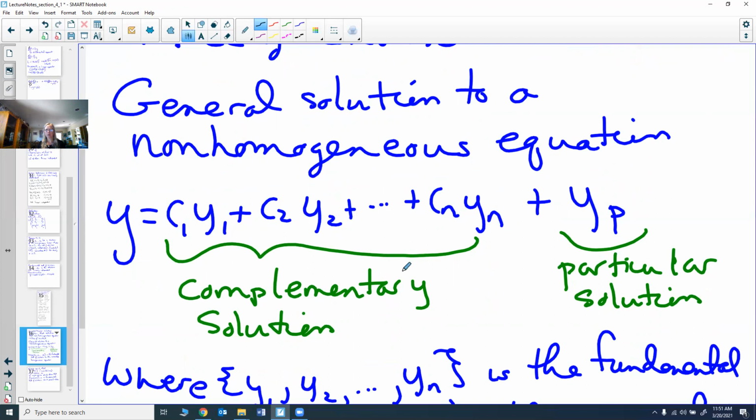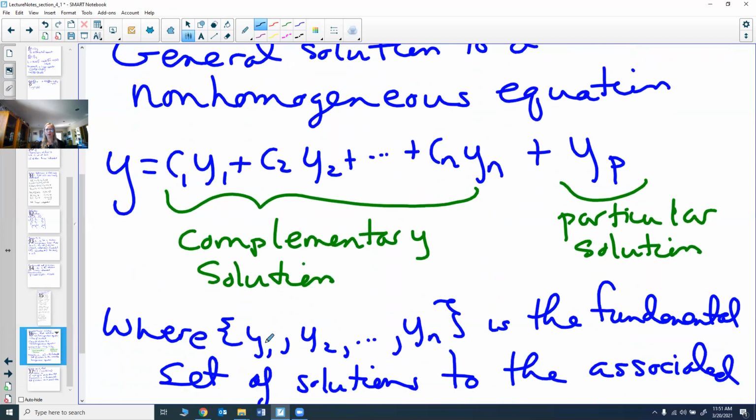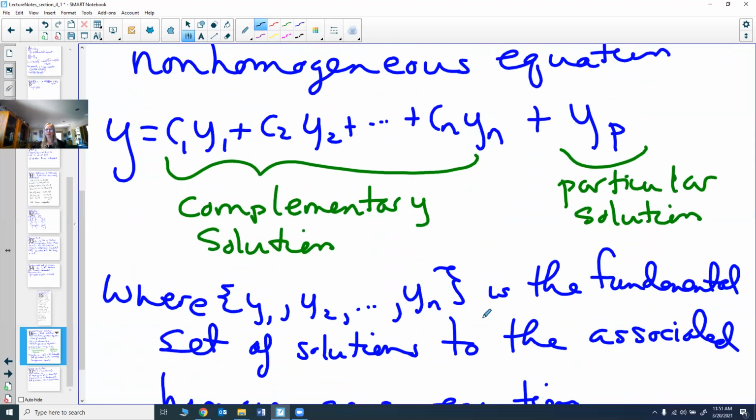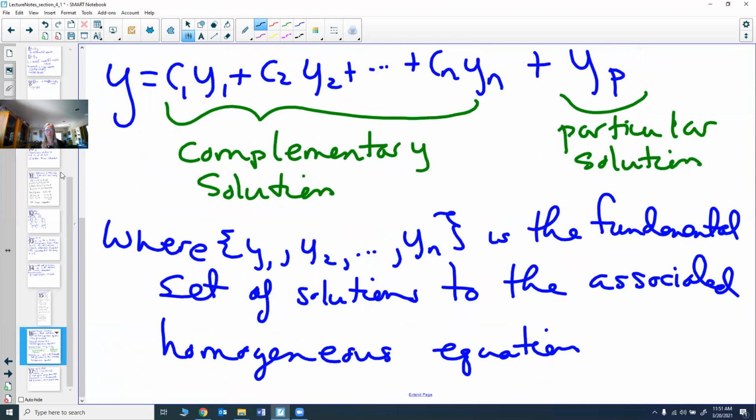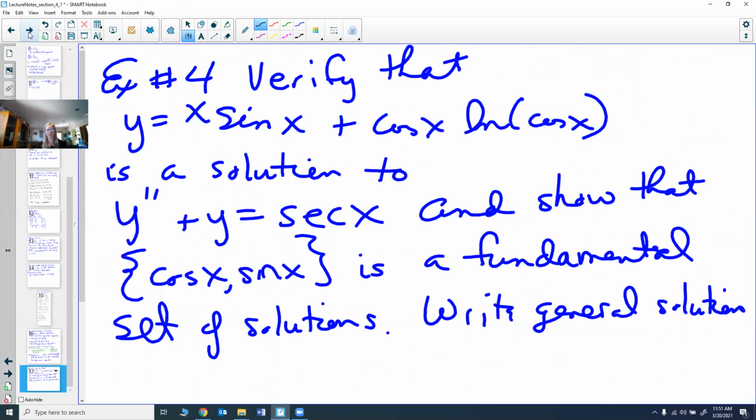These first pieces are known as the complementary solution, and the second one is known as the particular solution. y1, y2 through yn is that fundamental set of solutions to the associated homogeneous equation. And we will be using this concept for finding solutions for all homogeneous and non-homogeneous equations.